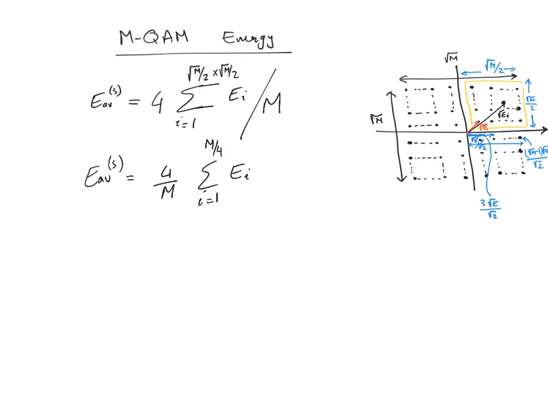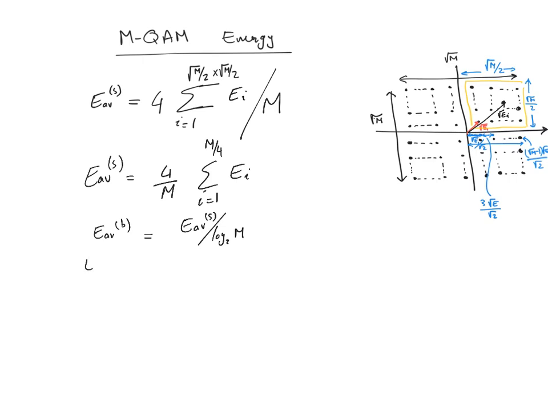And the measures of the x components and the y components can be figured out as I described earlier, if you know only the initial measure. Now, similarly, the E average per bit is going to be equal to the E average per symbol divided by log to the base 2 M, the number of bits per symbol.